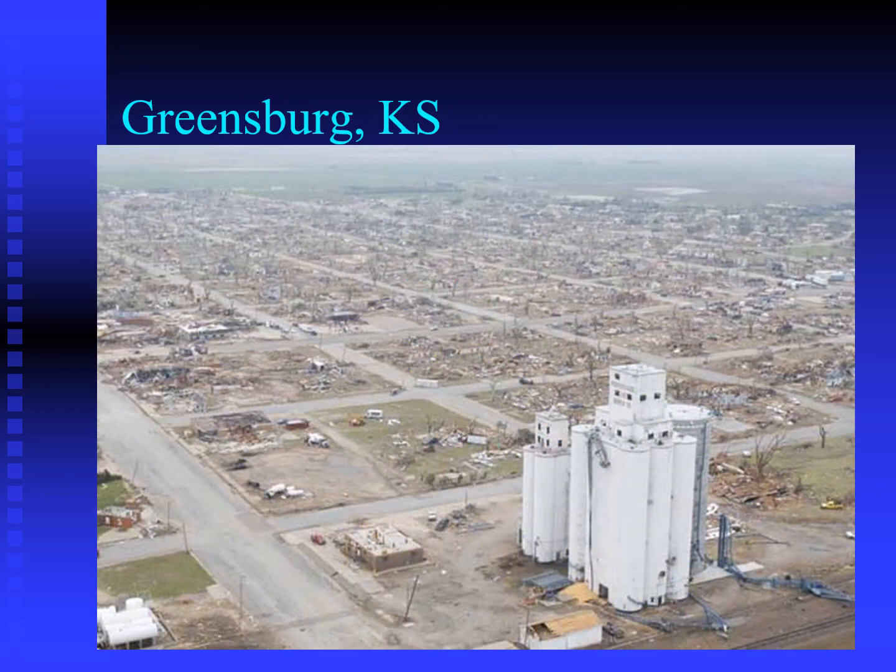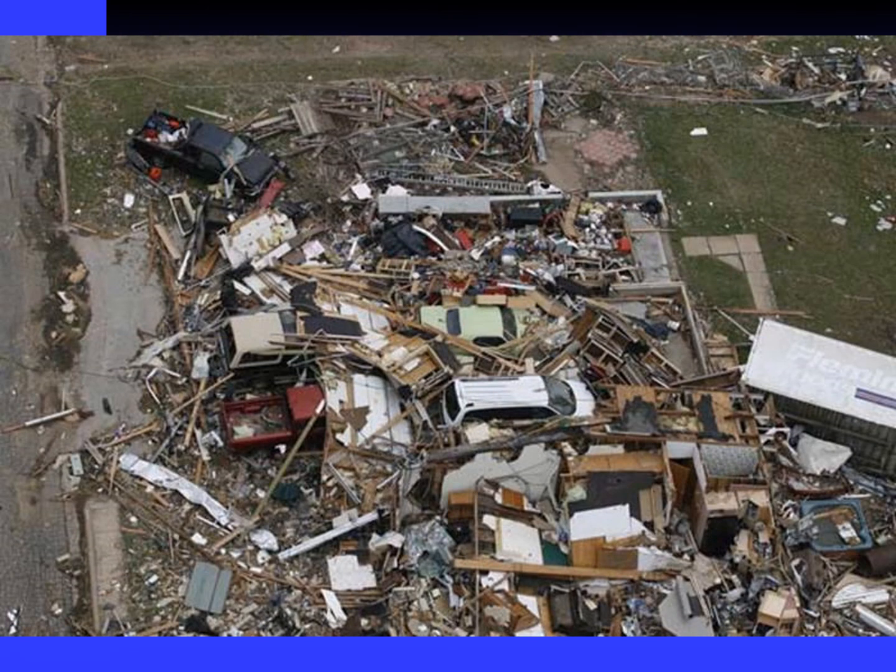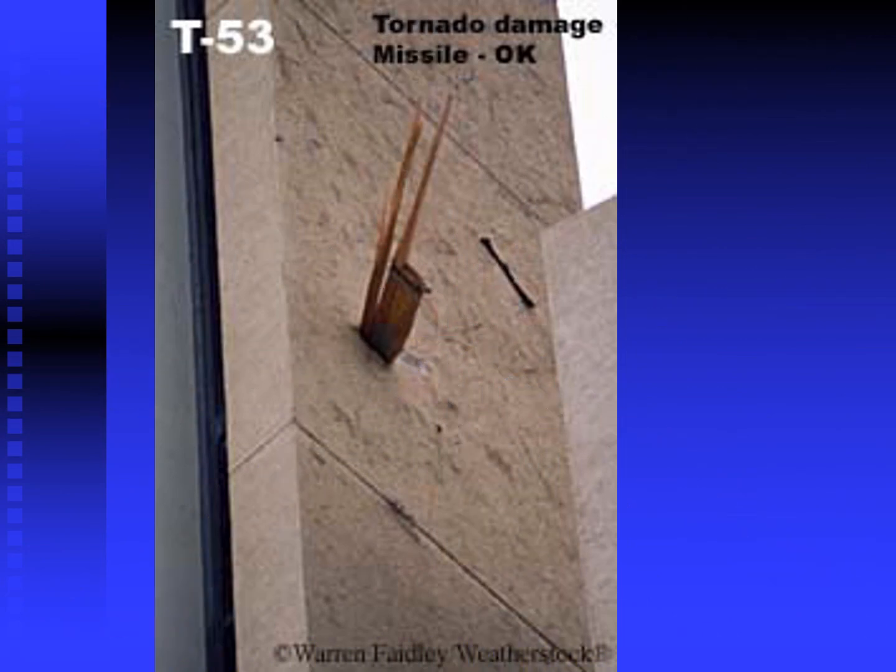Now we're looking at some older stuff here, older than 2011. Oh, look at this. A flimsy piece of wood now sticking into concrete on the side of a building. When we say that you have to be wary of projectiles in tornadoes, this is what we mean.